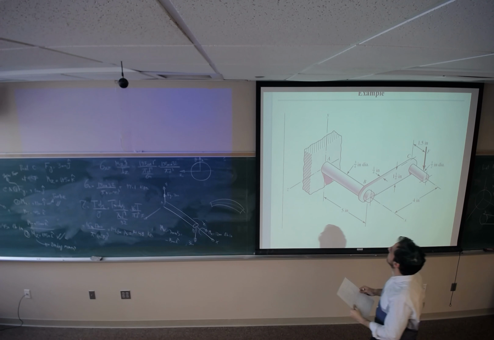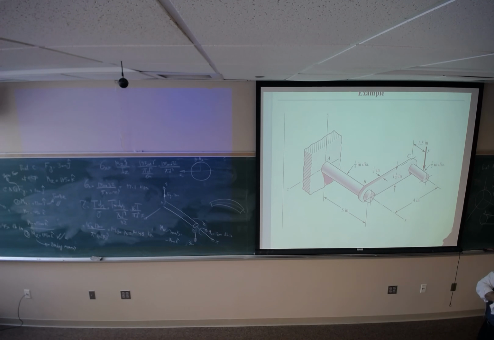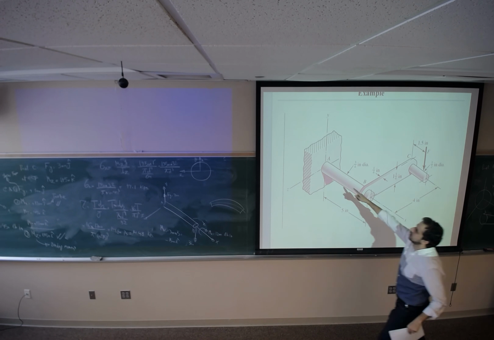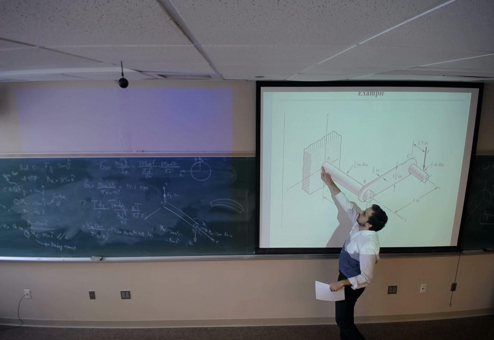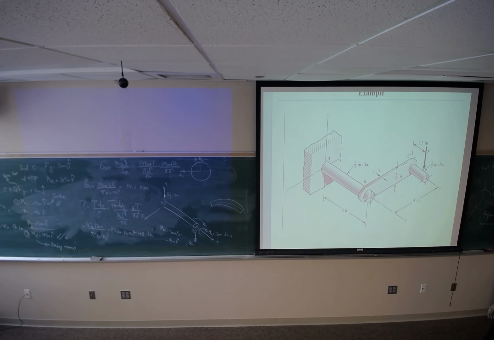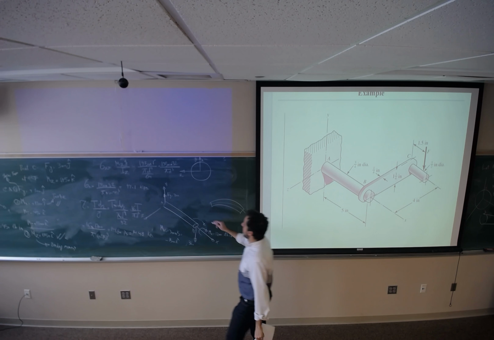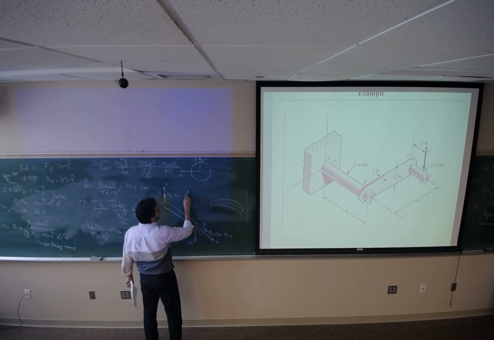Two negatives would make positive. Yeah. But we should look at point A belonging to the shaft, not point A on the wall. So anyway, we should. Yeah. Okay. I think I got it.